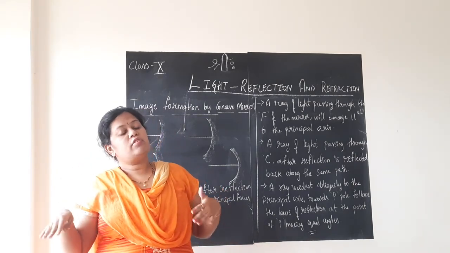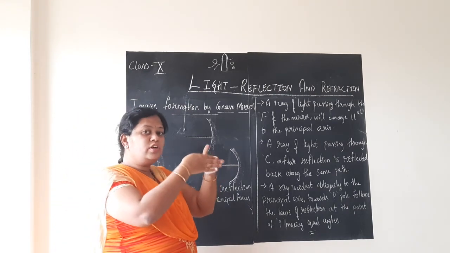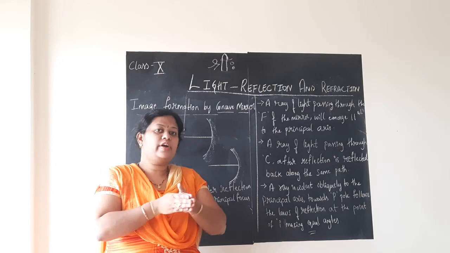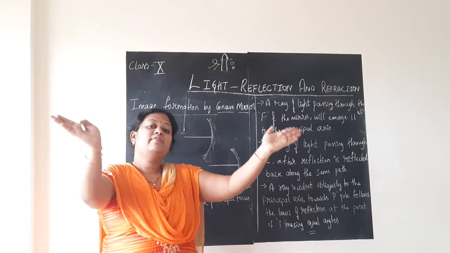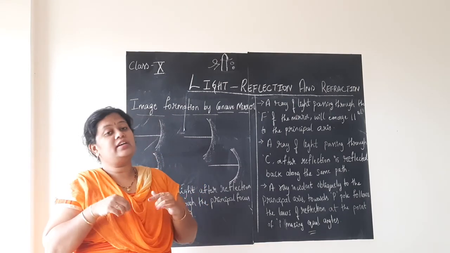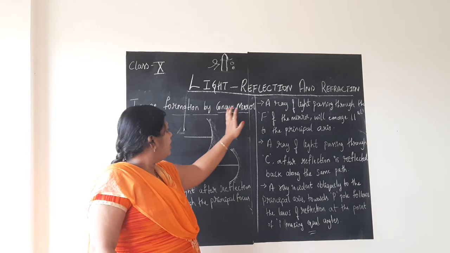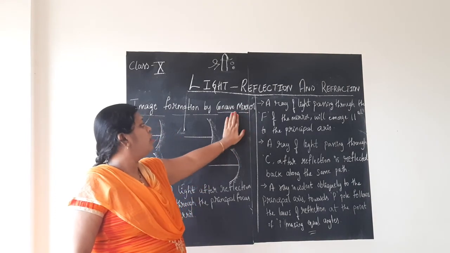When light falls on a convex mirror, the rays of light after reflection will not converge at a point. Instead, they will spread out. And when you trace the paths of those reflected rays backward, they will coincide at one point. So, we are not worried much about the divergent mirror, the convex mirror.